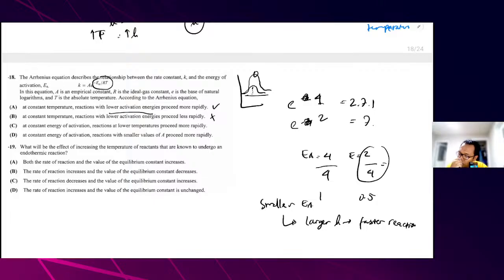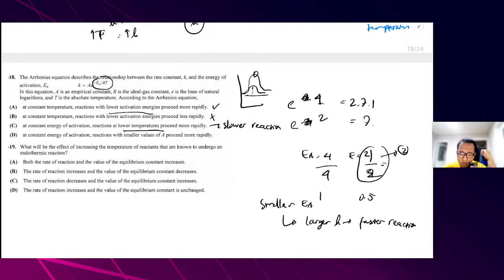If we lower the temperature, say 4 becoming 2, while this is still 4, for example, the minus will be bigger, which means we will have a slower reaction. Just remember, at lower temperature the reaction will be slower.